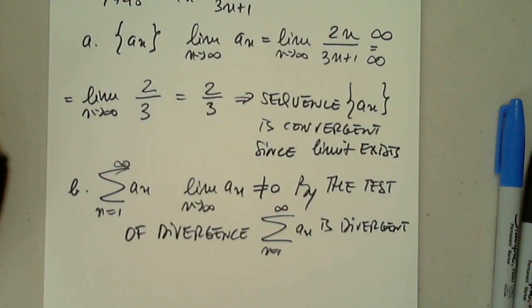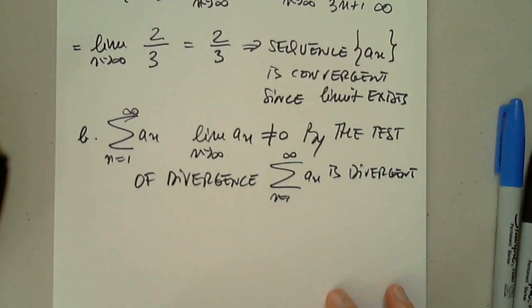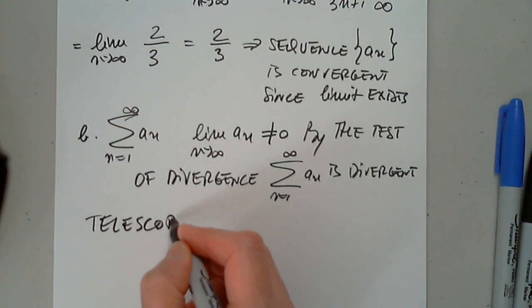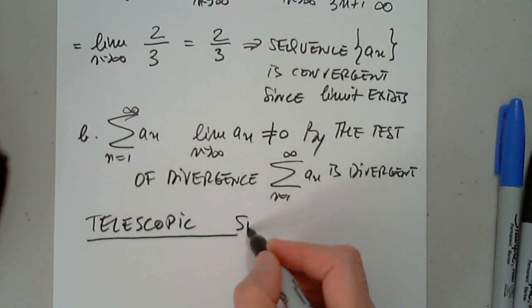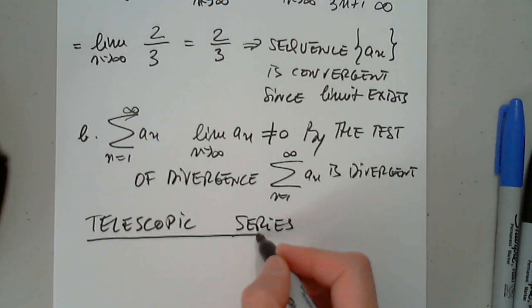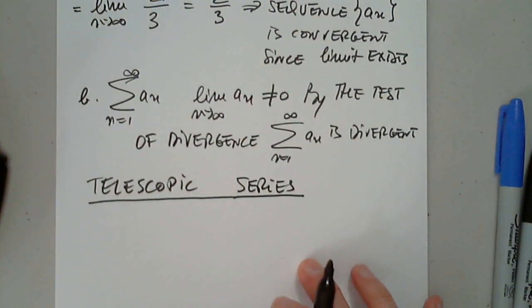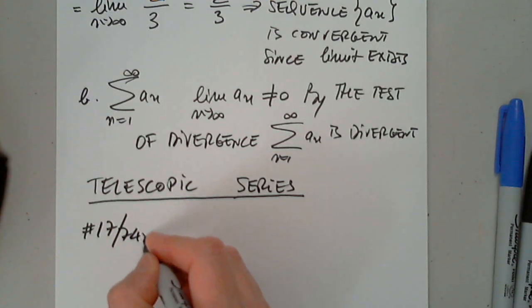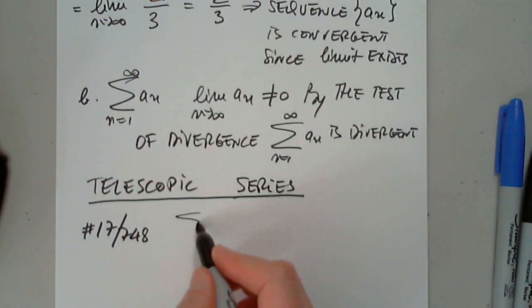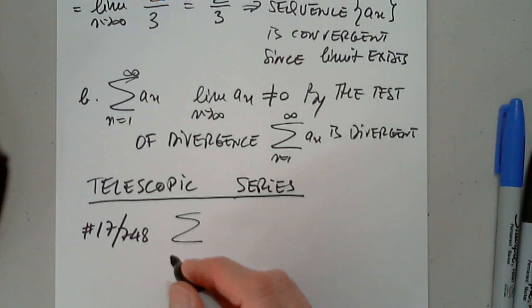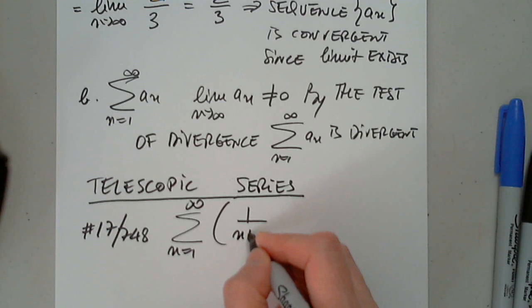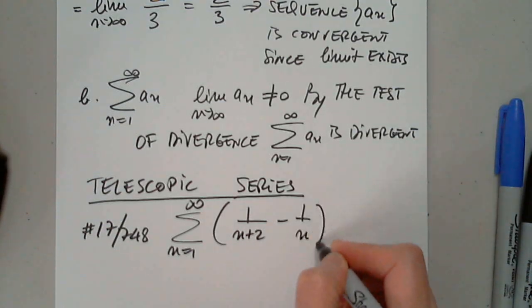Okay, moving on. The next two examples are very important because they're dealing with telescoping series. So let's take a look. Let's start with 17 on page 748, in which we have the infinite series from n equals 1 through infinity of 1 over n plus 2 minus 1 over n.